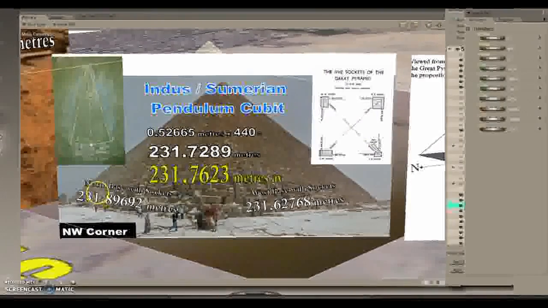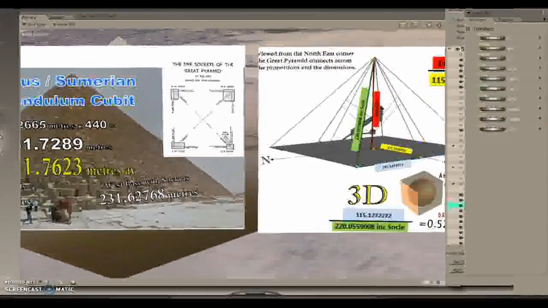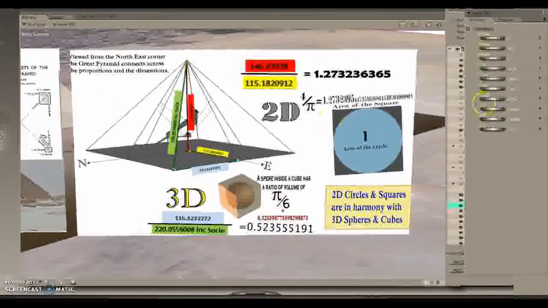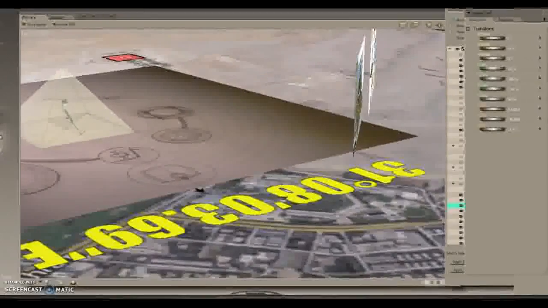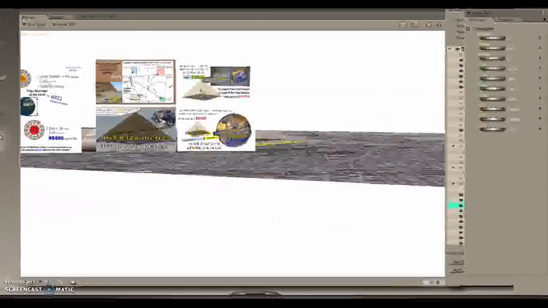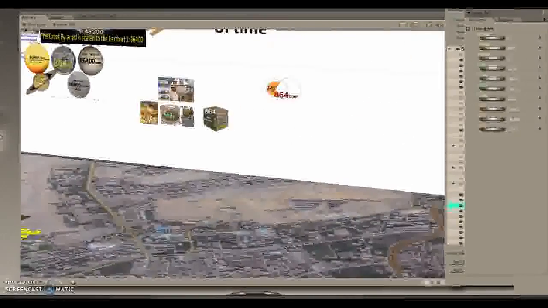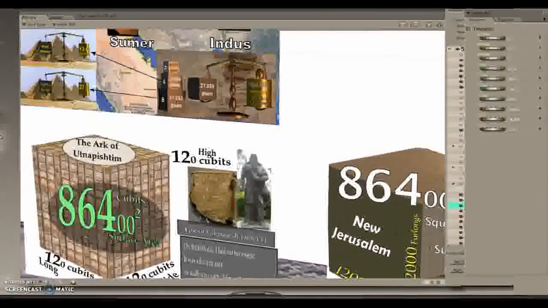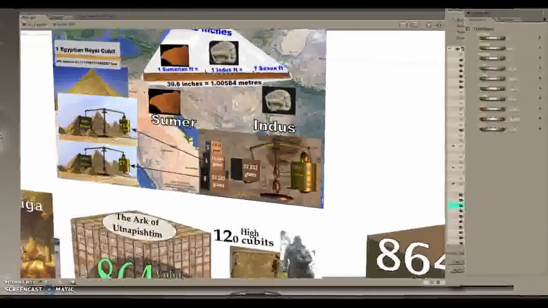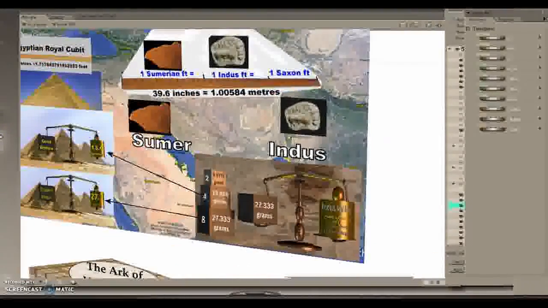Well, it does, but this one is the more accurate of them all, and it's also relevant because we have this crossover to this other important geometric stuff, and of course that's 1.273, which means the square is 27.3% larger than the circle, which is a tie-in to the previous video, as well as that unit of 27.3 grams, which was standard in both the Indus and the Old Kingdom, the Deben.